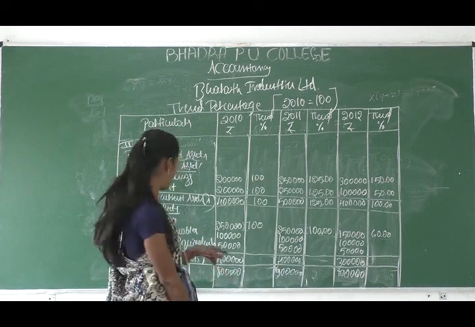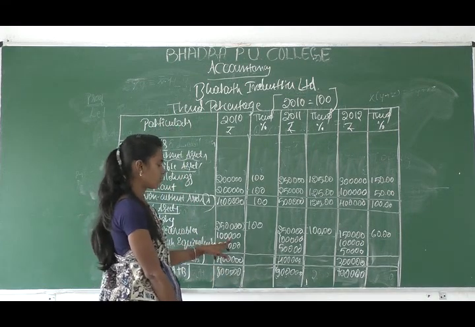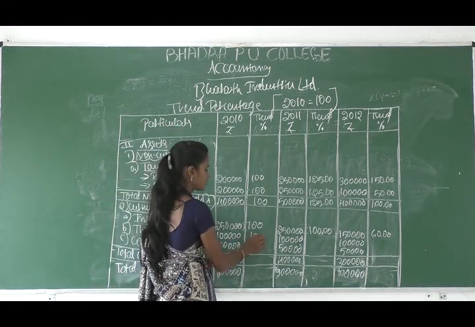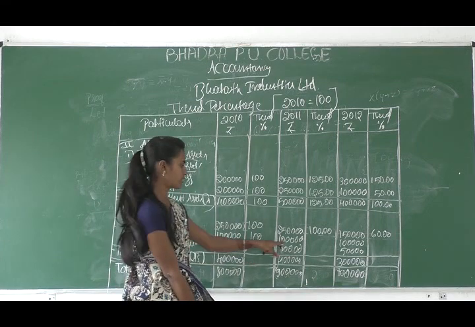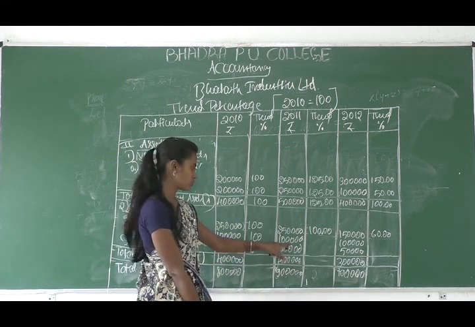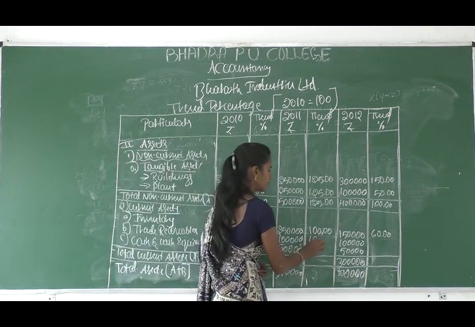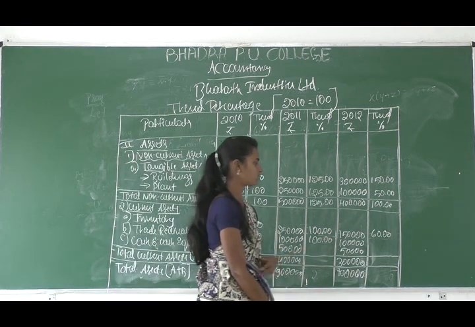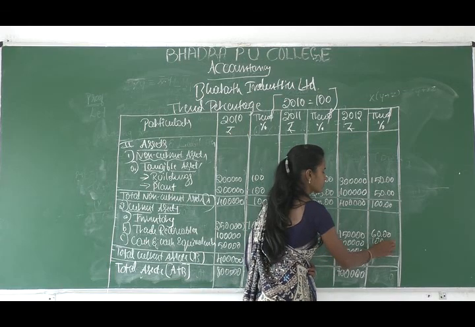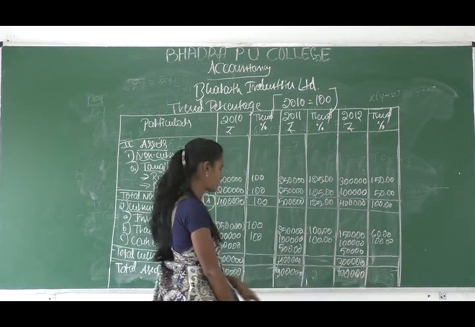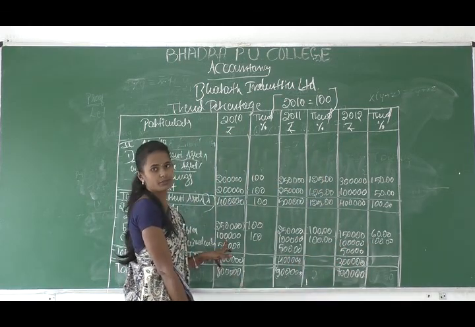The next one is trade receivables. It is 1 lakh in 2010, which is 100%, and here again we have 1 lakh. So 1 lakh divided by 1 lakh into 100 gives 100%. Here also we get 100% because we have the same amount, 1 lakh, equal to the base year value.